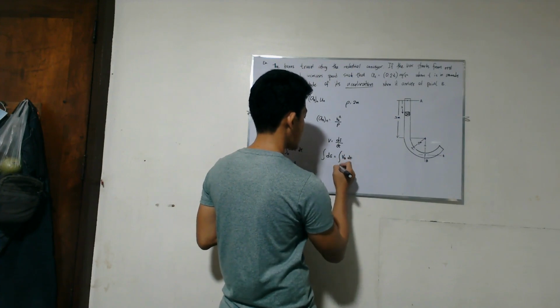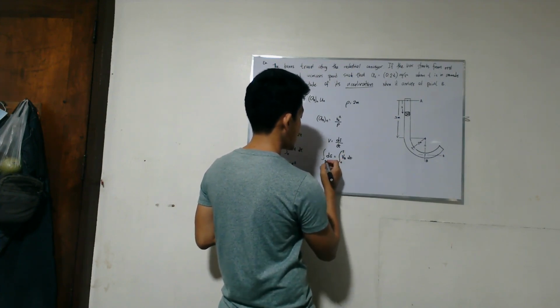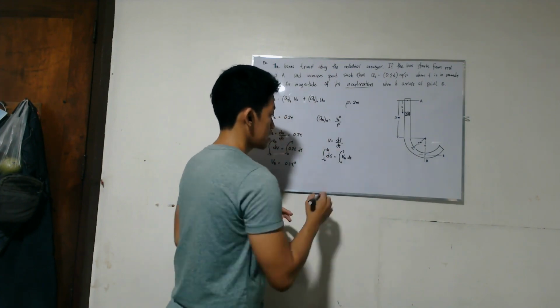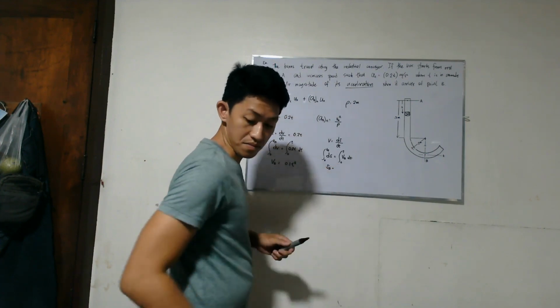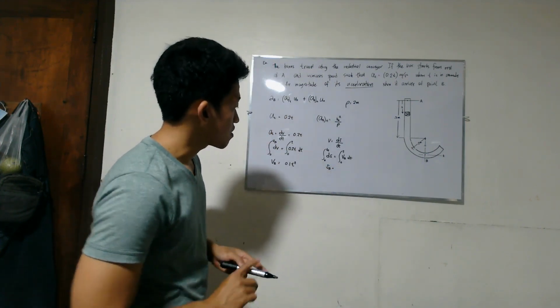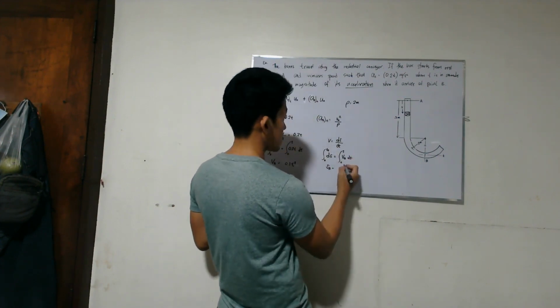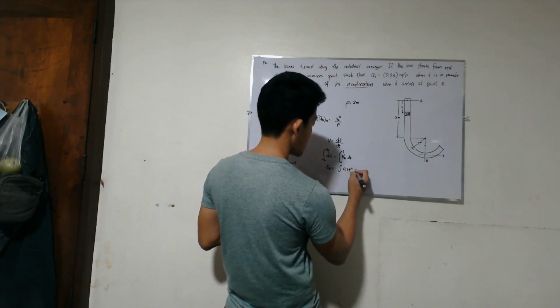Integrate this one from 0 to t, this one from 0 to s sub B. Okay, therefore s sub B is just the integral of 0.1 t squared dt.